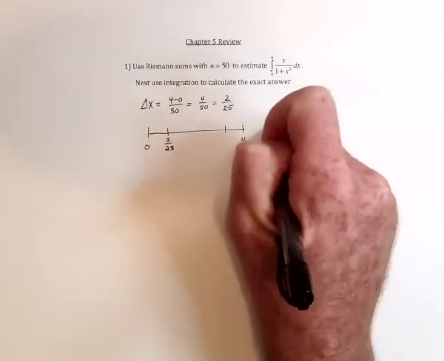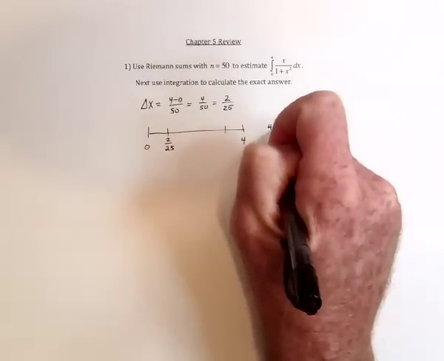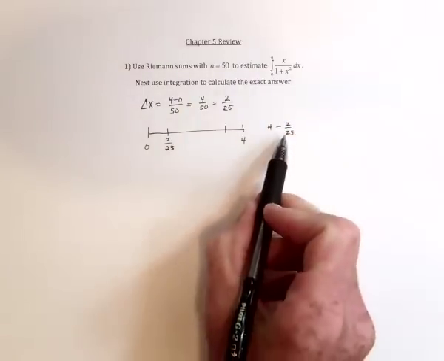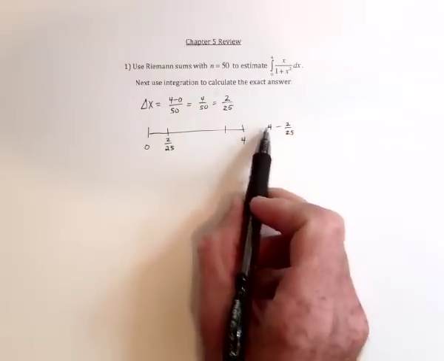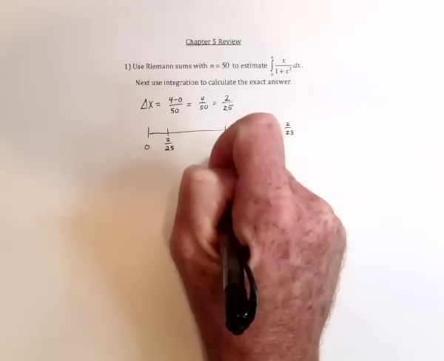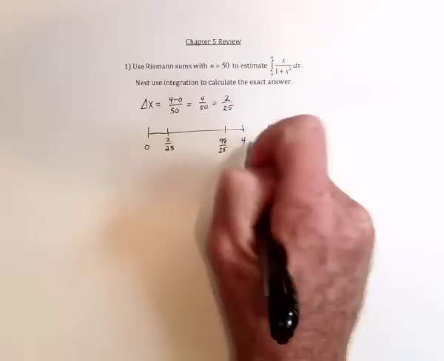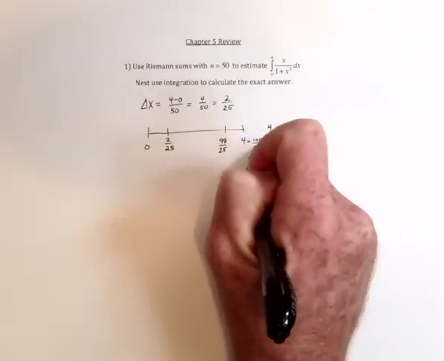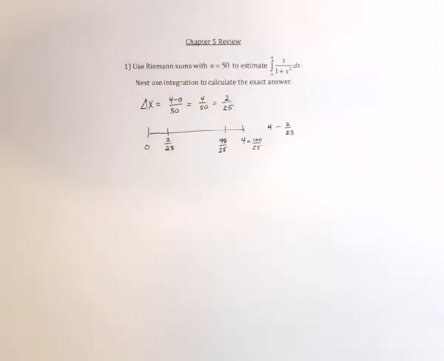So it's going to be 4 minus 2 25ths. So 100 minus 2 is 98 25ths. And this equals 100 25ths.